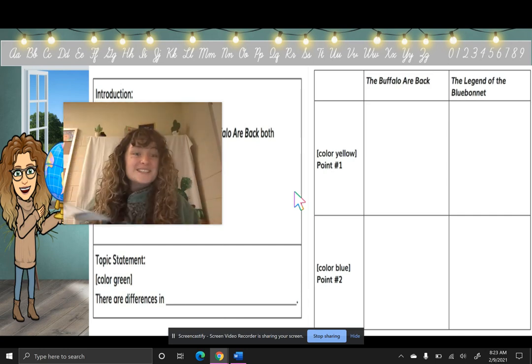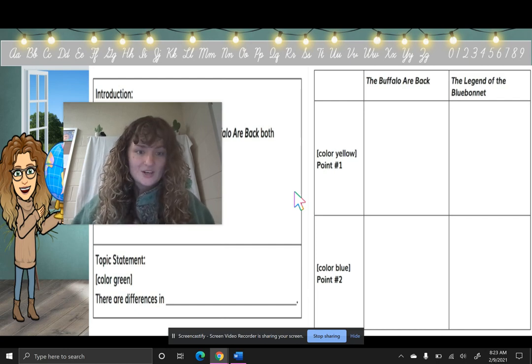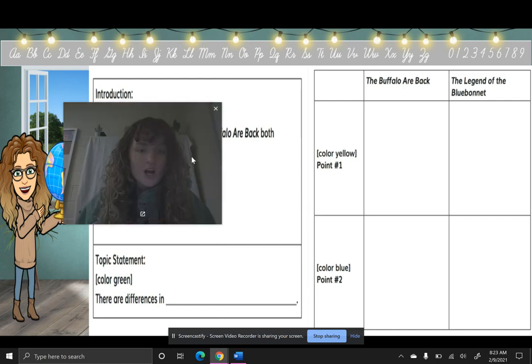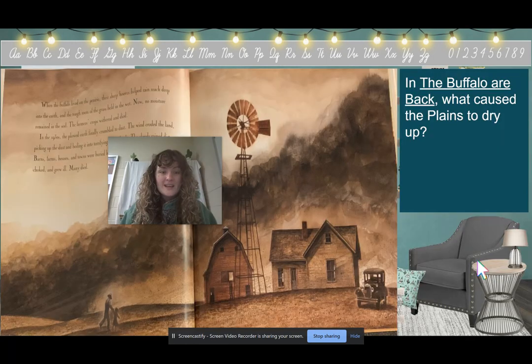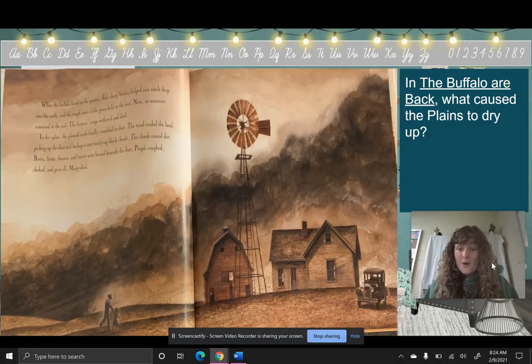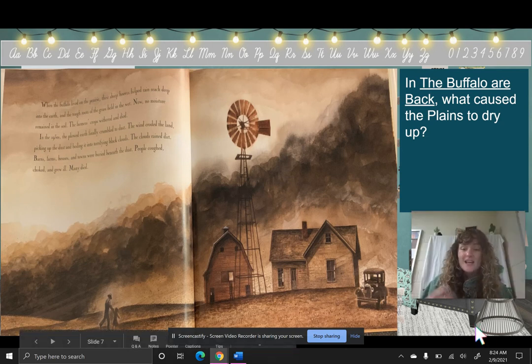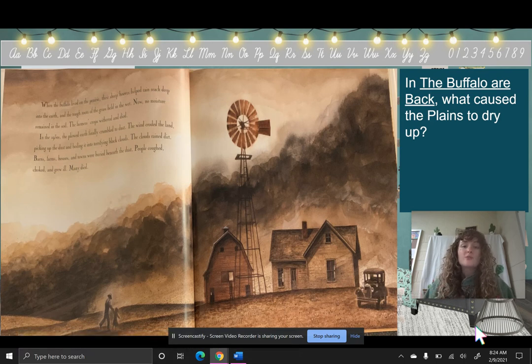All right, Smarties. So here's what we're going to do. You are going to use your evidence organizer while we are talking about the differences in how the Buffalo Are Back and the Legend of the Blue Bonnet talk about droughts. Remember, in the Buffalo Are Back, we learned that a drought came after the Native Americans were pushed out of their land. And in the Legend of the Blue Bonnet, the problem was that there was a great drought.